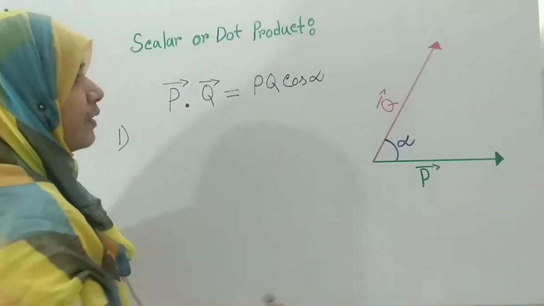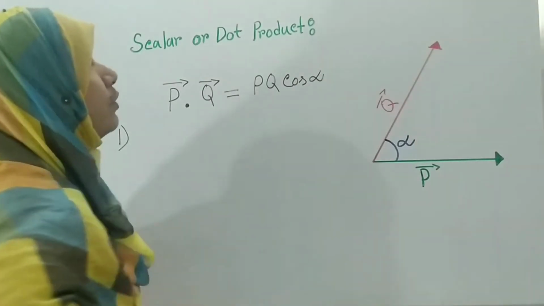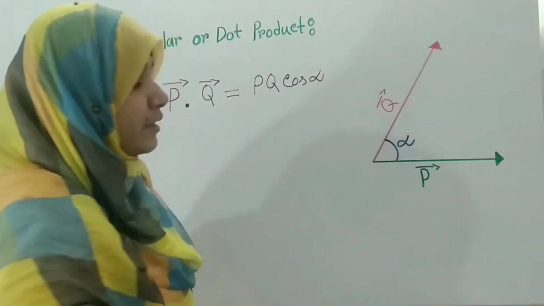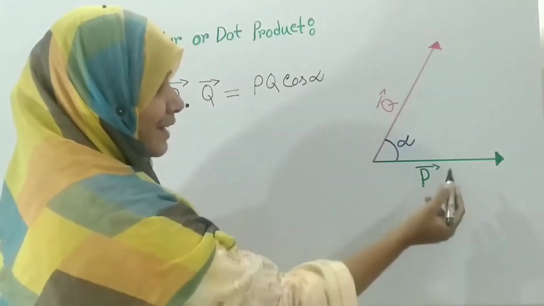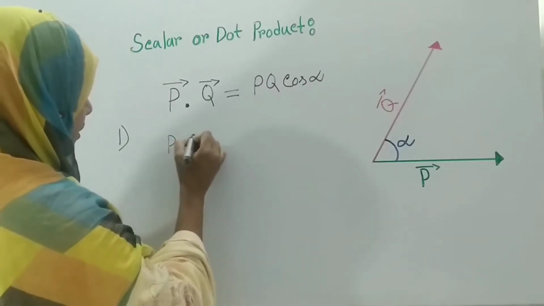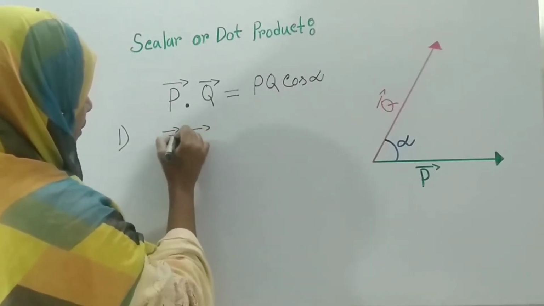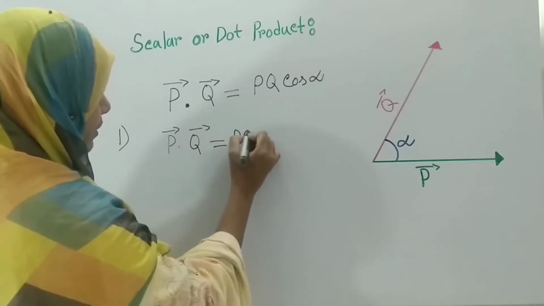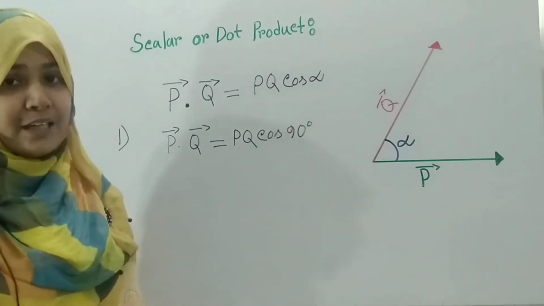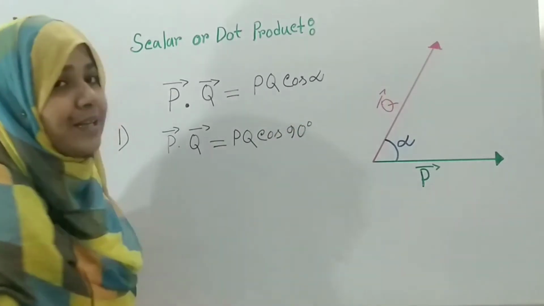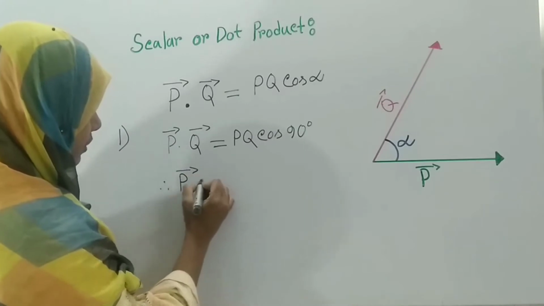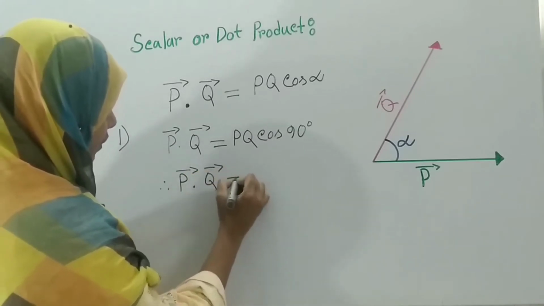So, if the angle between P and Q becomes 90 degrees, that means if P and Q vectors become perpendicular to each other, then we can write that P dot Q equal to P Q cos 90 degrees, and you know that the value of cos 90 degrees is 0. So we can write that P dot Q equal to 0.